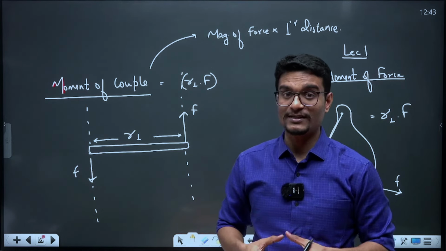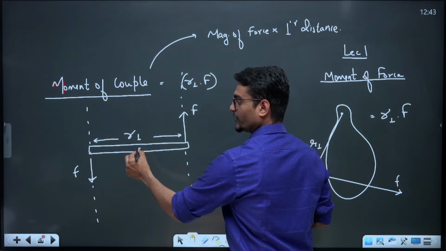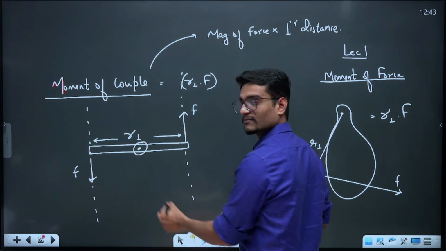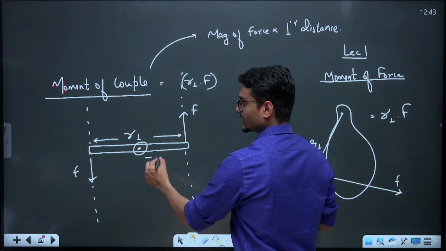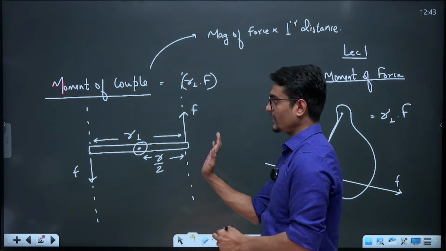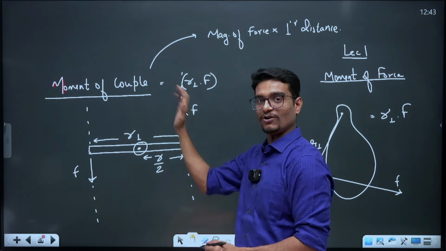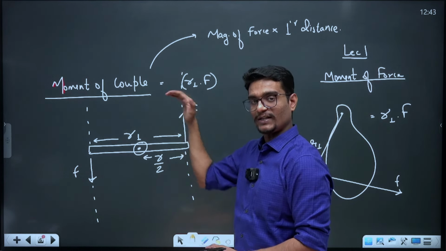You can do this. See, let us say the point of rotation is this. Force into this distance, r by 2, half of the distance, in this direction, right? I have taught you this. This is anti-clockwise. Anti-clockwise moment is there.